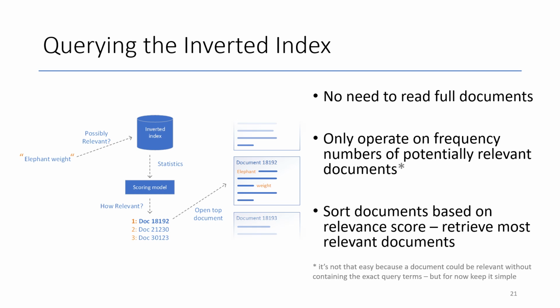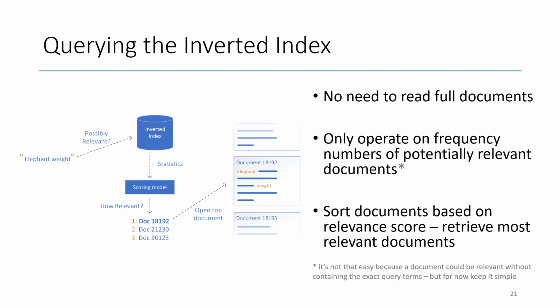The query workflow is as follows. We start off with a query and we want to answer if it's relevant. So we look up every term in our inverted index and gather our statistics that are saved in the inverted index.